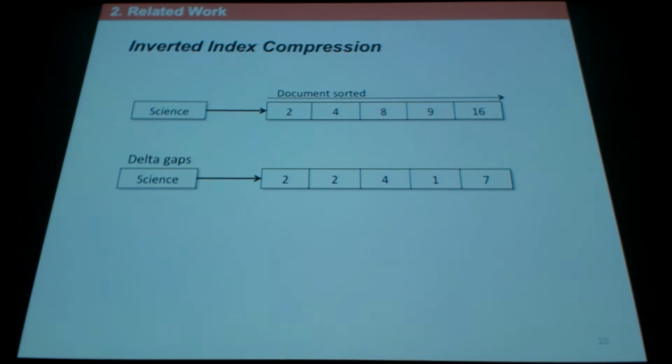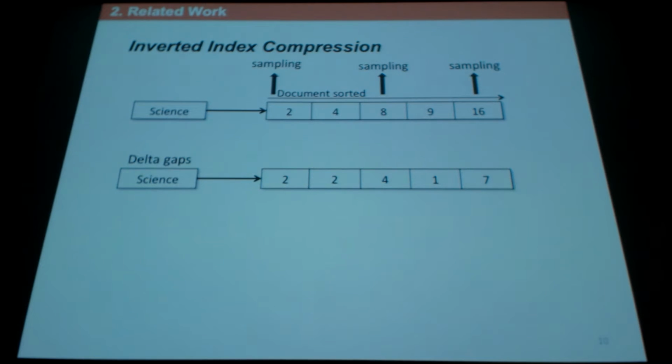But we usually also need some random access. In this case, the only way to get to some place is to start at the beginning and start summing up until we get to the index that we want. So that's why we add some sampling. We keep some of the actual positions in the index, and we don't do anything else with them.